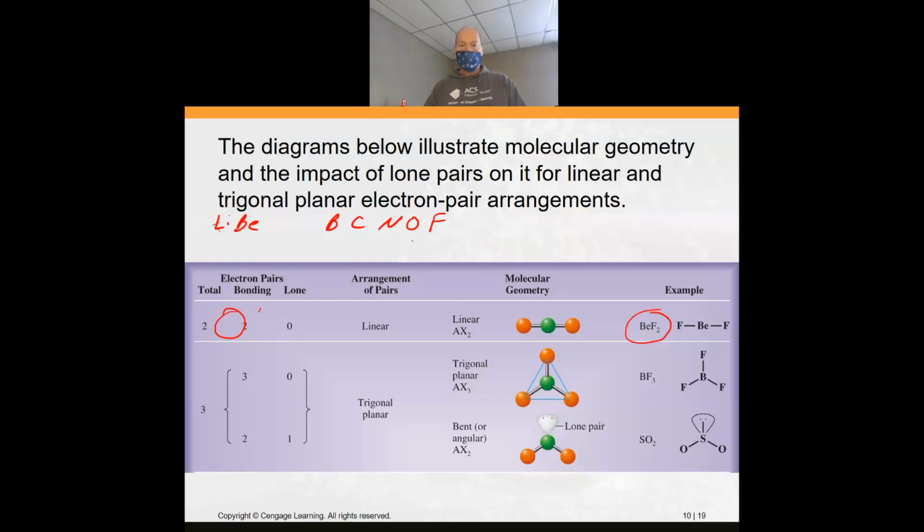So when we have BeF2, note how they're writing this structure. Boron and beryllium pretty much never have an octet. Nitrogen, oxygen, and fluorine always have an octet.